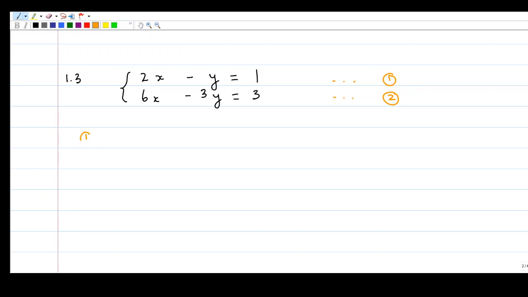I can take equation 1 and multiply by 3. So that gives me 6x minus 3y is equal to 3. Call this equation 3. And I can write the second equation down as it is.